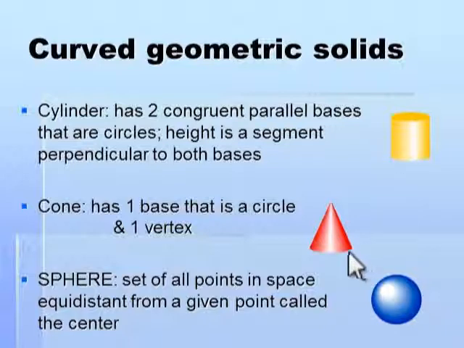A cone has one circular base, and it meets up at the tip. Sometimes people get on a roll with those prisms and they start calling this a circular pyramid, but it is a cone. And then when we have a circle that is three-dimensional, a set of points all in space equidistant from that center, that is a sphere.